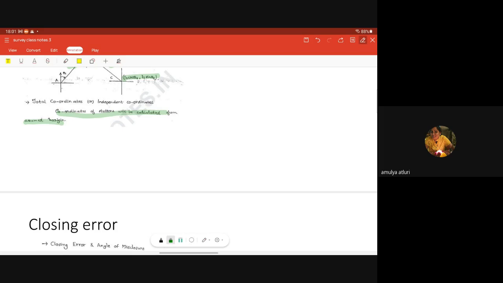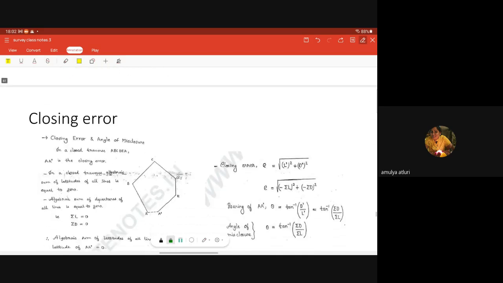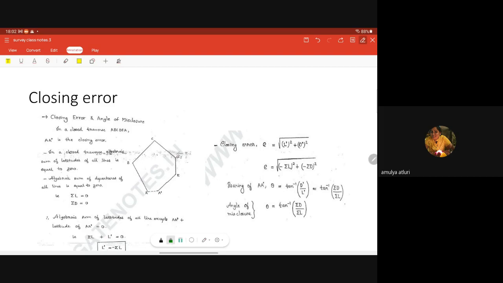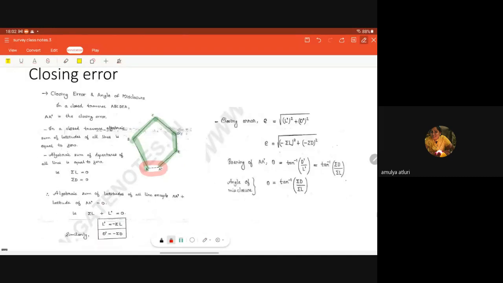Next, if you can see, while traversing A to B, B to C, C to D, D to E, and back to A, sometimes there will be closing errors, right? In a closed traverse, sometimes there will be closing errors. Here AA dash is the closing error.